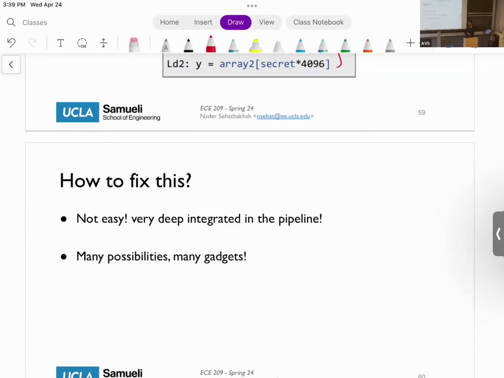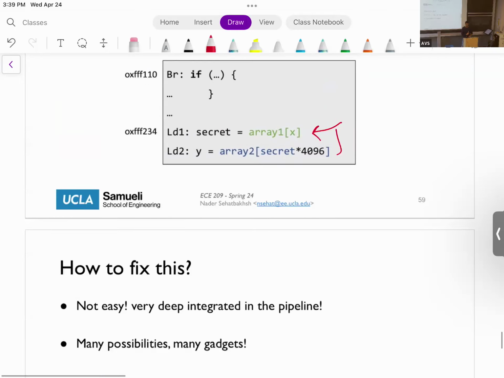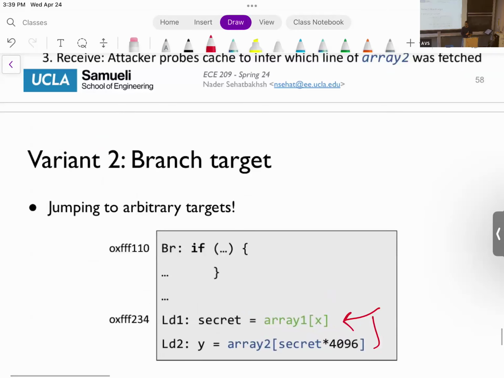But if you partition the cache and say that this process can't read it, well, this code is running on the adversary's process, not on the victim process. So we are in the adversary domain. Even if you partition, you're loading this into the partition of the adversary, not the partition of the victim. So partitioning won't help. Okay.